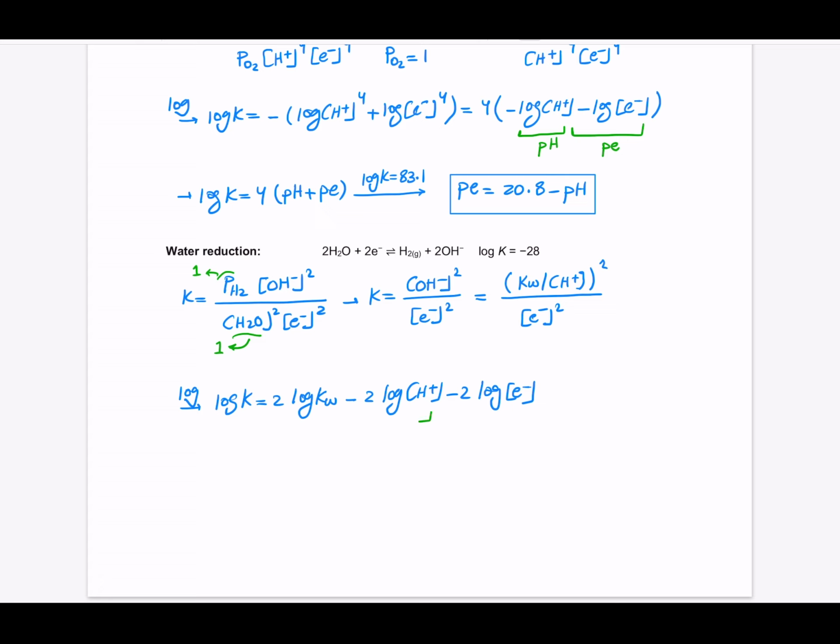So obviously this would be 2 pH. This would be 2 pe. Then we can rearrange it: pe equal to log of K minus 2 log of KW, then minus 2 pH, divided by 2.